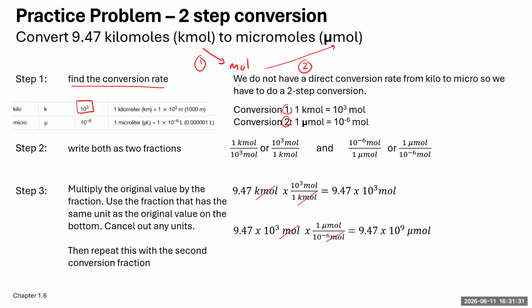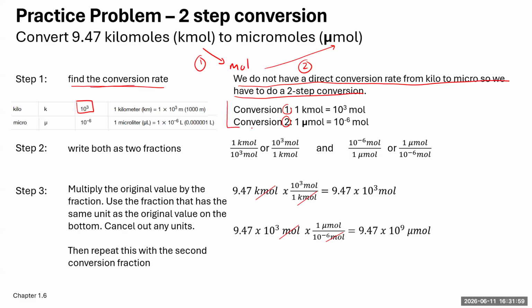Okay. So again, we do not have a direct conversion from kilo to micro, so we have to do a 2-step conversion. We know how to go from kilomoles to moles, and we know how to go from moles to micromoles, right? That means we can do a 2-step conversion and get our answer. So we're going to do the same steps. Find the conversion rates.